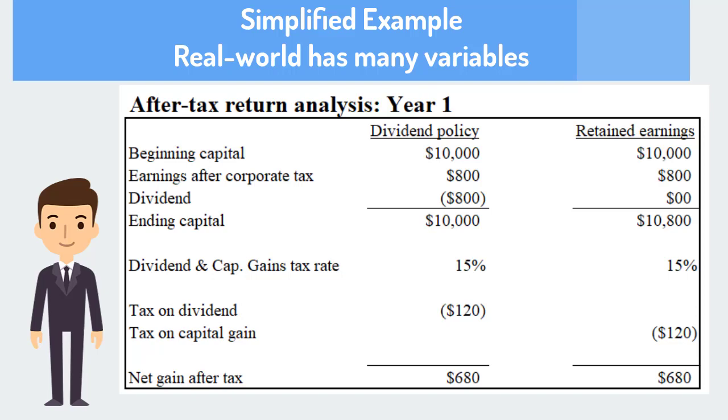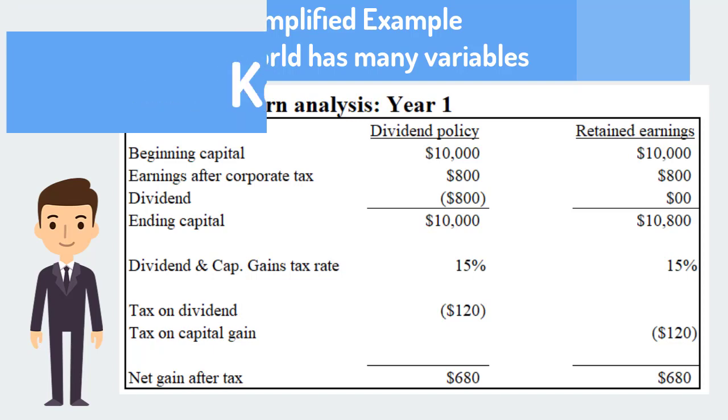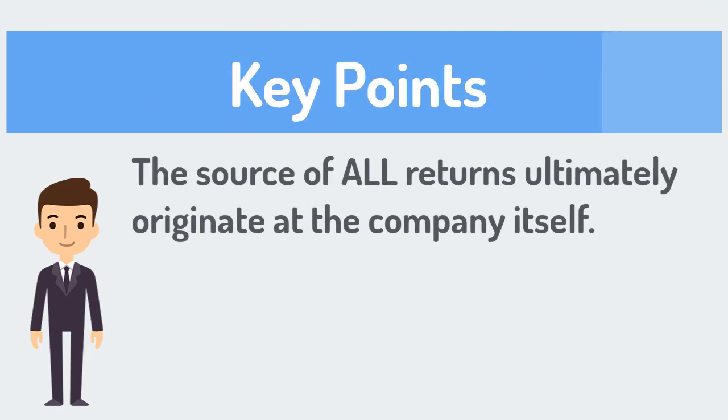But there's value in thinking through a company's policy like this, where the source of your returns could be all capital gains, all dividends, or probably somewhere in between. But ultimately, and here are the key points to remember, the source of returns come from the company.